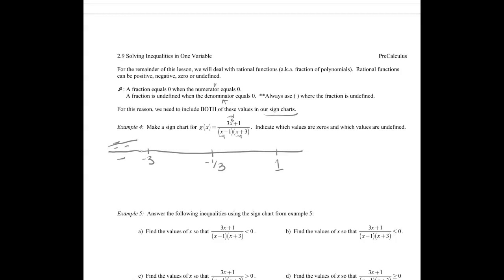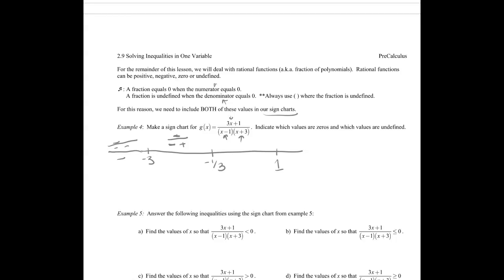All right, now I plug in something in between negative 3 and negative 1/3. For example, negative 1 would do. Plugging in negative 1 for x up here would give me a negative overall. Plugging in negative 1 here would still give me a negative overall in that factor. And then plugging in negative 1 here would actually give me a positive.